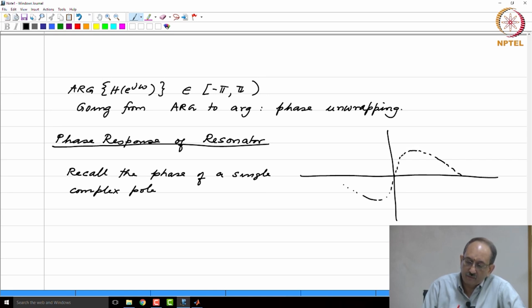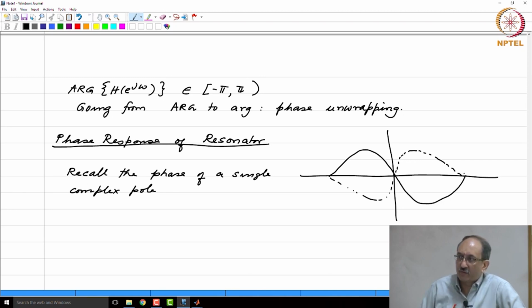This is the first thing that we started off with when we were looking at phase response of a single complex 0. This 0 was on the real axis, so that is why it went to 0 at that particular point. For a single complex pole, the phase response is just the negative of this. Therefore, this is how the phase response will be.